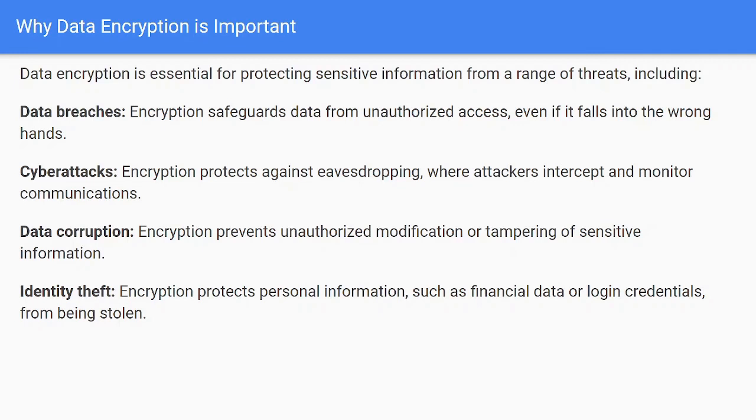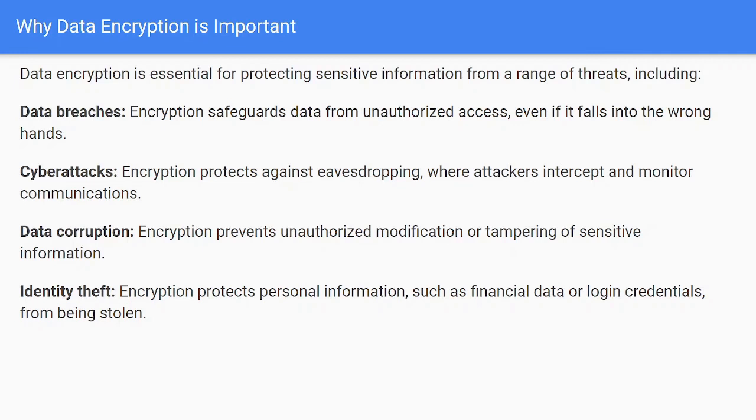Why is that? Because there's encryption on that particular database. So even though the information has been leaked, that is a data breach, even though an unauthorized person has gotten access to that information, the person still cannot know exactly what is inside that database.